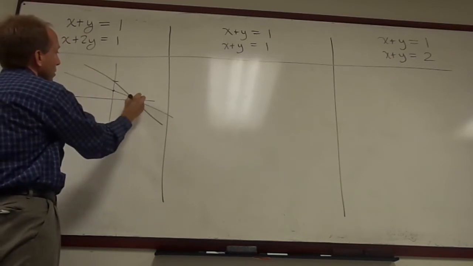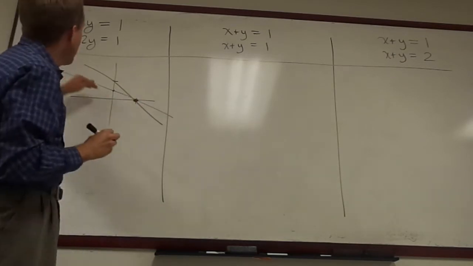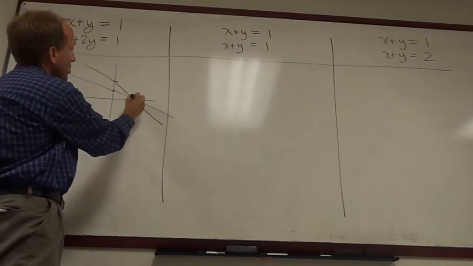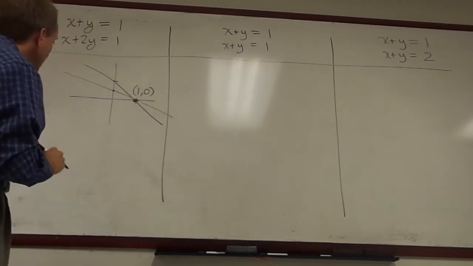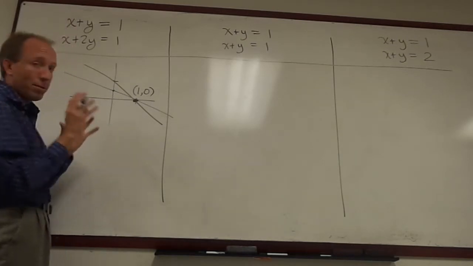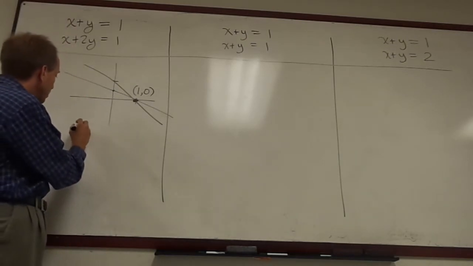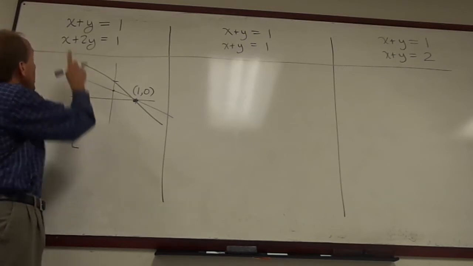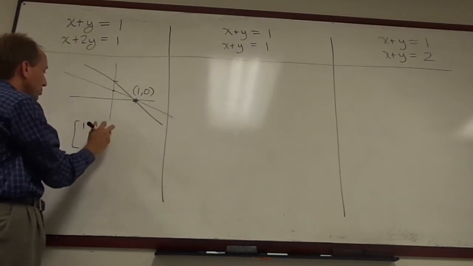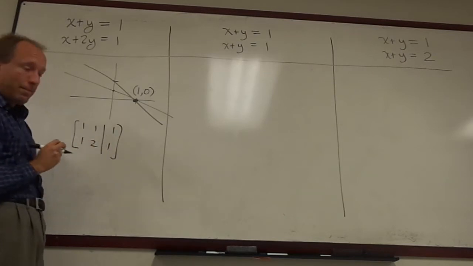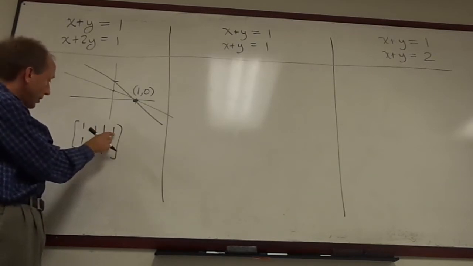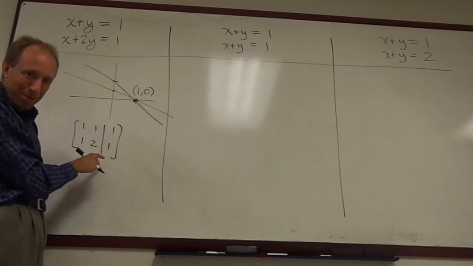Okay, so actually we can already tell that this linear system has just one solution, which is the point (1, 0). But I thought it might be helpful for us to see how that comes about from the Gaussian elimination perspective. If we write down the augmented matrix that goes with this system, it's going to look something like that: 1, 1 augmented with 1, and 1, 2 augmented with 1.